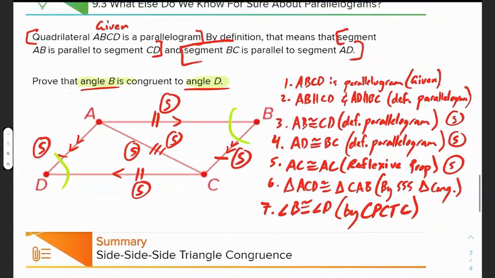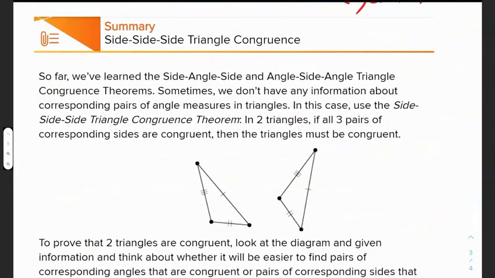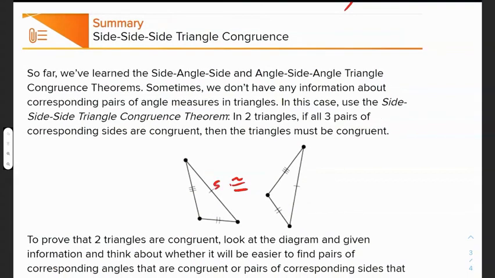Okay, so in summary, as long as you have 3 pairs of corresponding sides that are congruent, those triangles have to be congruent to each other. So if this side is congruent to this side, if this side is congruent to that side, those are 2 pairs so far, and this side is congruent to that side, you have 3 pairs of sides that are congruent to each other. Congratulations, that's side, side, side triangle congruency. Therefore, those 2 triangles have to be congruent to one another.